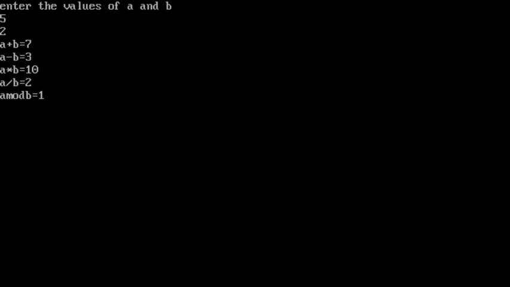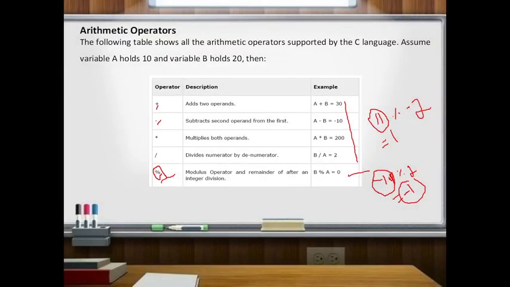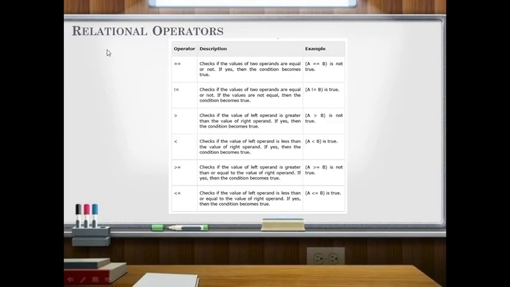Okay, so what operators are we using next? This was arithmetic operators, which we have seen with the C program also. Next we have relational operators. Relational operators test whether the values of two operands are equal or not. If yes, then the condition becomes true.